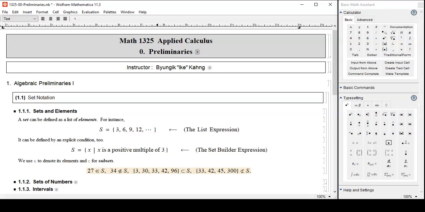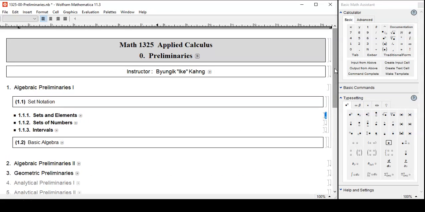Now, if I cast this one out, then of course this becomes a subset. But of course, that's not what it was before. Okay, so much for sets and elements.